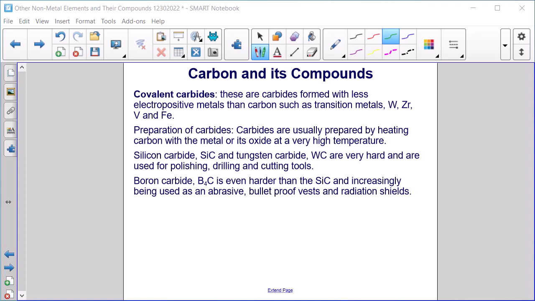Silicon carbide, SiC, and tungsten carbide, WC, are very hard and are used for polishing, drilling, and cutting tools. Boron carbide, B4C, is even harder than the silicon carbide and increasingly is being used as an abrasive, bulletproof vests, and radiation shields.